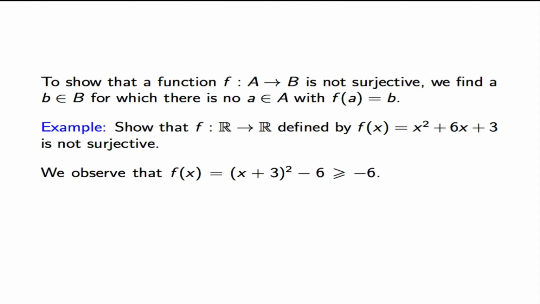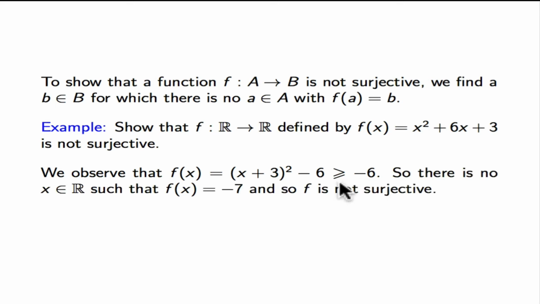Okay, I do some algebraic manipulations. I write f of x as x plus 3 squared, I complete the square, and I need to have minus 6 because 3 squared is 9, and I need to subtract the 6 to get the 3. Okay, but I now observe that this f of x written like this is surely greater or equal to minus 6.